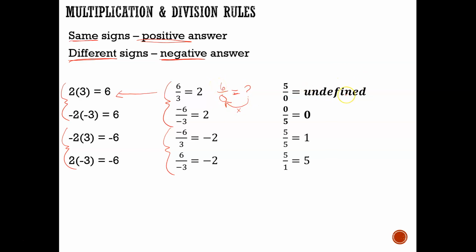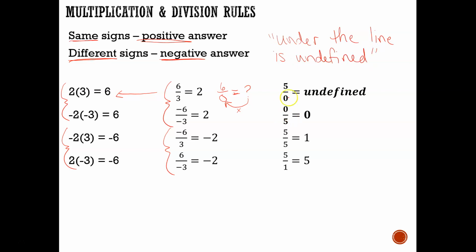And that is why it's undefined. And kind of a shortcut way of remembering that is under the line is undefined. So anytime 0 is under the line, the answer is undefined.